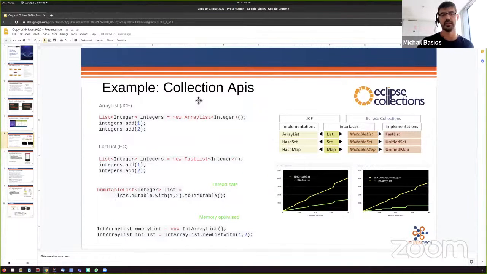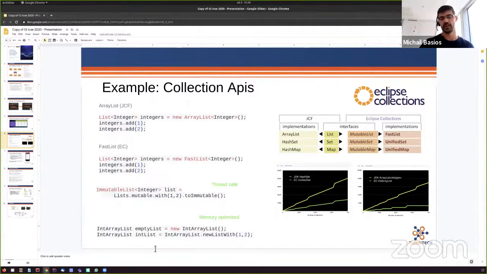Another example we are looking at is again the collection API. There are other collection APIs in Java and other languages, but when we used to replace collections, initially you are quite limited if you really want to apply quick replacement in your code. Initially, you are limited only to the Java collection framework.